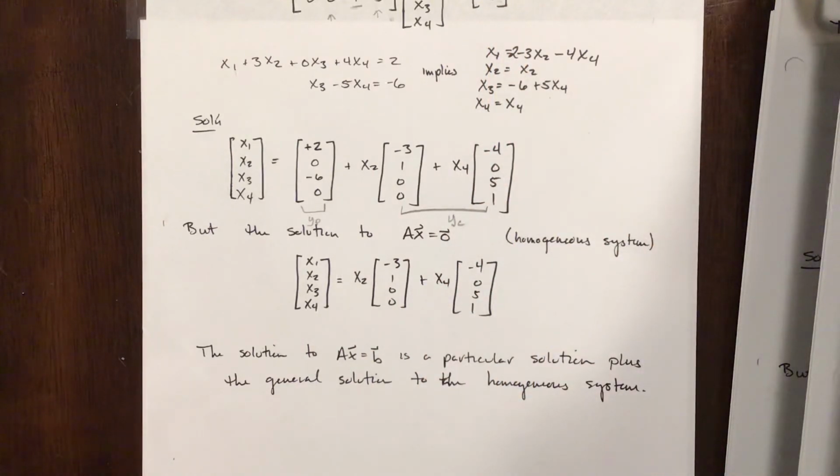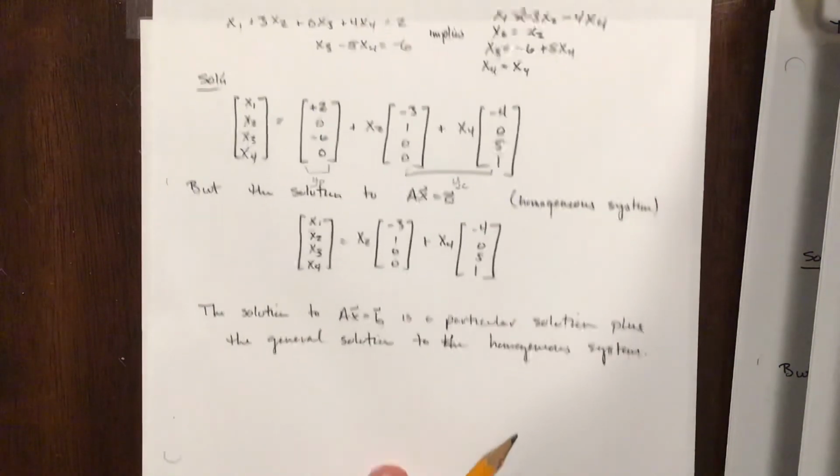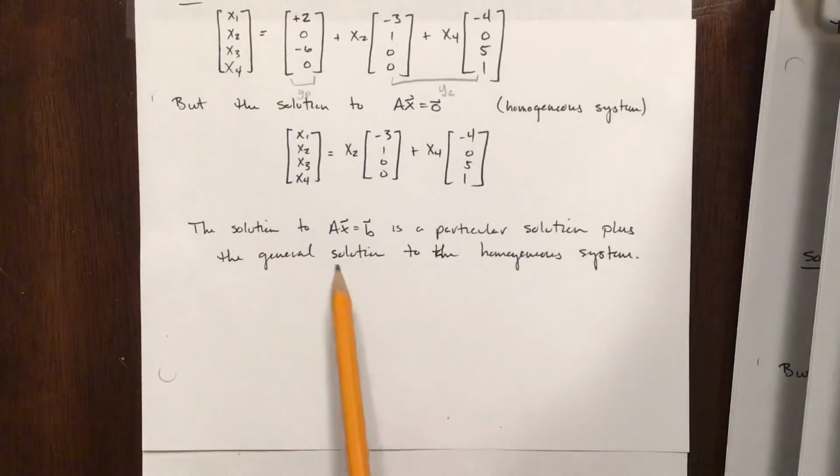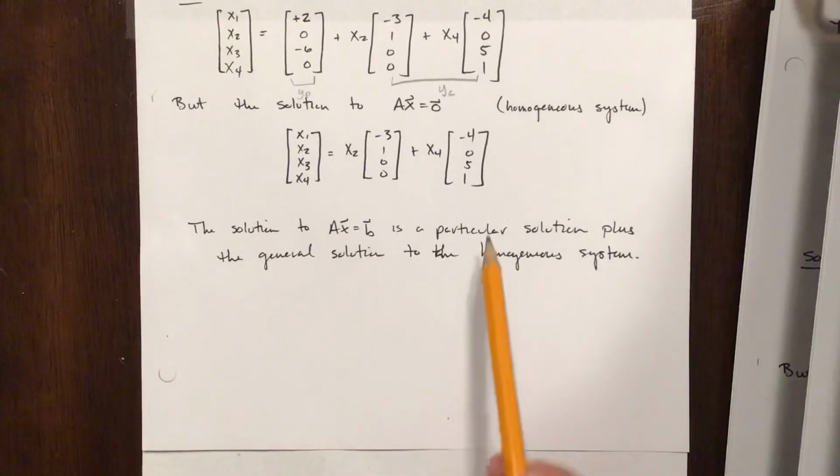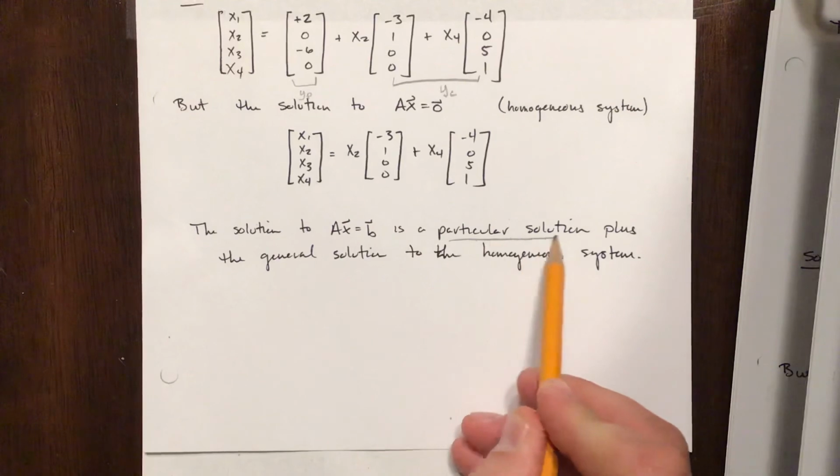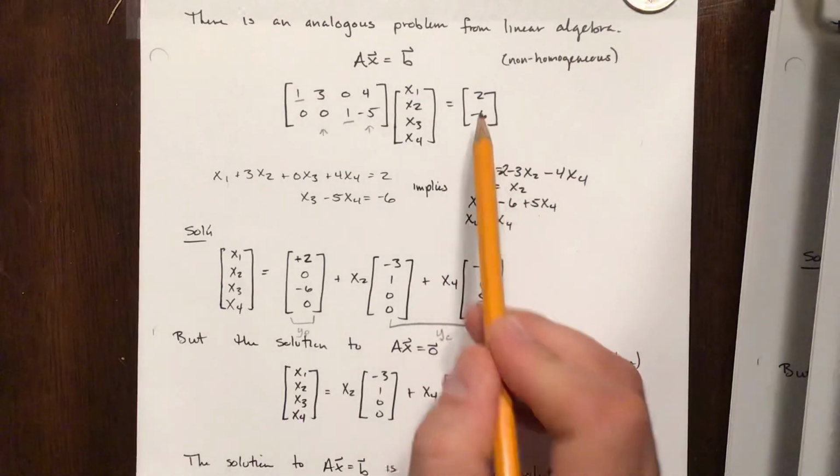So there's a nice relationship between solving differential equations of higher orders, which is what we're now going to do, and solutions to matrix equations. So, to summarize, the solution to AX equals B is a particular solution, which pertains to the non-homogeneous part.